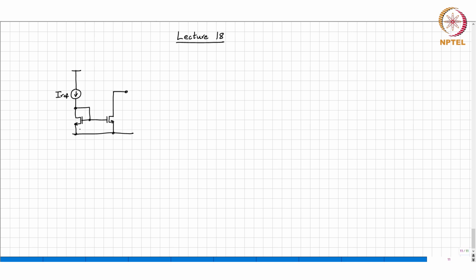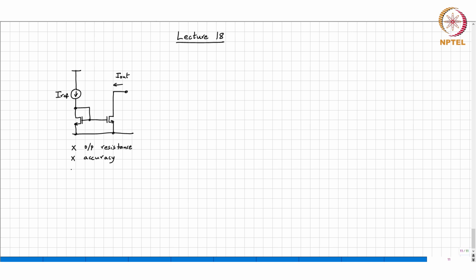And what are the problems with this? Yeah, basically, output resistance is poor, and accuracy is poor. Accuracy meaning the ratio of I out to I ref.